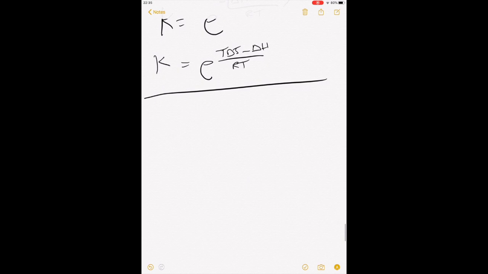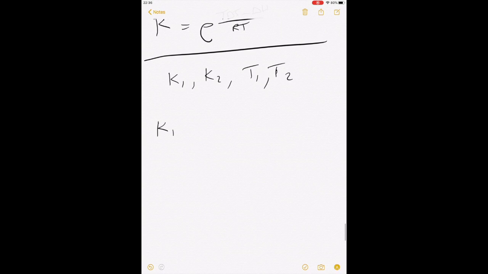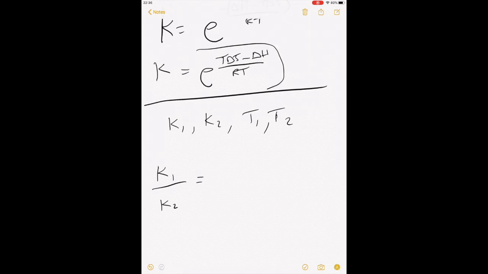The final question, it says you have K1 and then K2 and then T1 and T2. So clearly here you have a difference, and the difference is we can describe it in the form of k1 to k2. And then we simply use exactly the same equation.